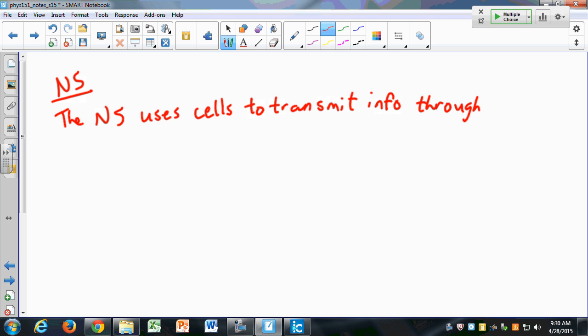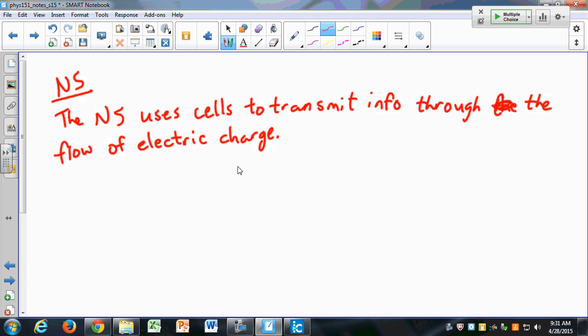And we'll look at how this charge actually travels along our neurons, sort of some of the basics of how this charge is transferred from one part to another. So this occurs in response to stimuli.